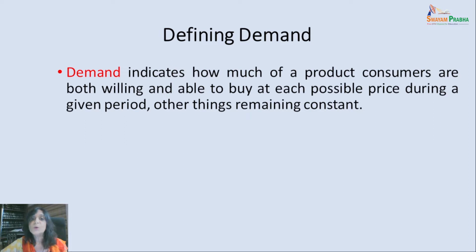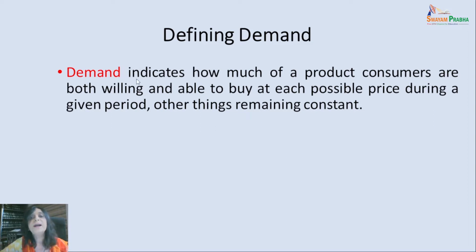Demand means how much of a product a consumer is both willing and able to buy at each possible price during a given period of time, other things remaining constant. Please have a very careful look at how we have defined demand.